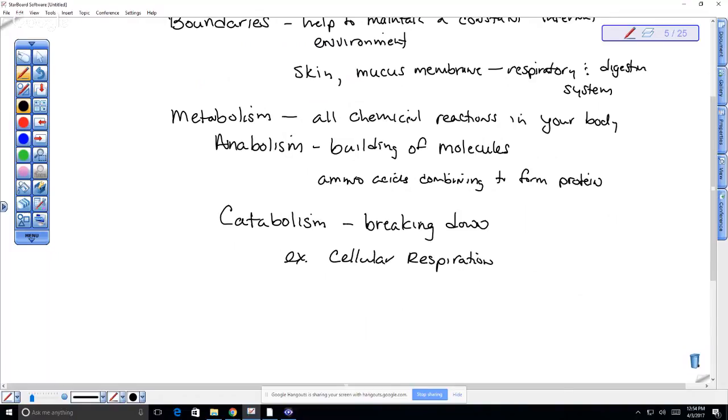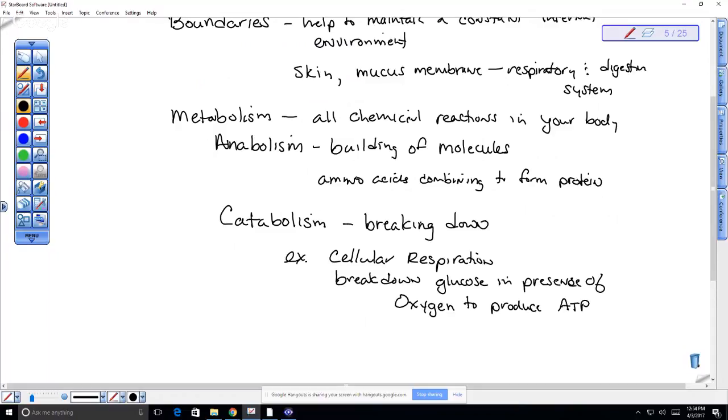And this is where we break down glucose in the presence of oxygen to release energy. Energy in the form of ATP, and we'll talk about that process in a lot of detail this quarter.